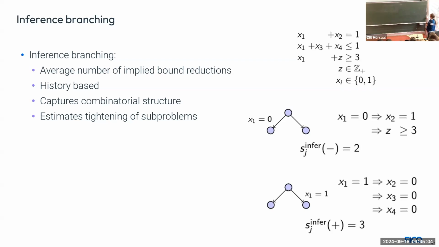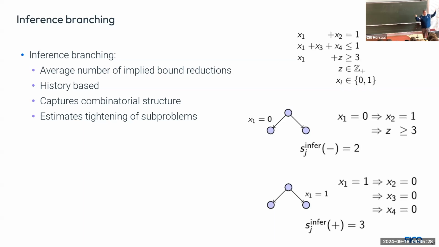When we branch on the other side, x1 equals 1, that will fix this variable here. There's no implication from the last constraint, but in the second constraint, we are already at 1 less or equal 1. So both x3 and x4 have to go to 0 afterwards. We count 3 inferences from that up branch.